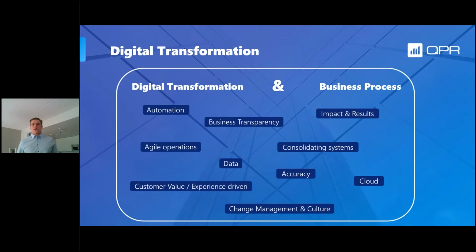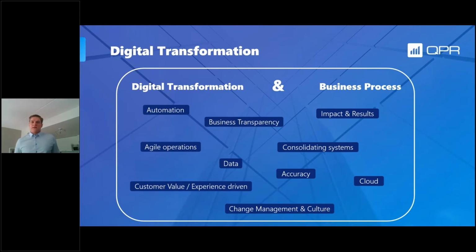For example, data is a part of digital transformation, but where is that data made? It's made in business processes, and you will be able to gather the data from the processes. Or consolidating systems: if you're consolidating IT systems, you also need to consolidate your IT systems into processes and your processes into each other.